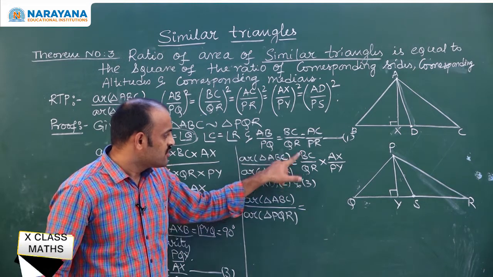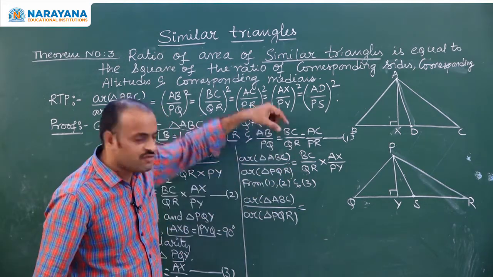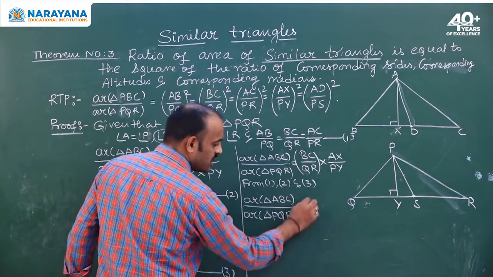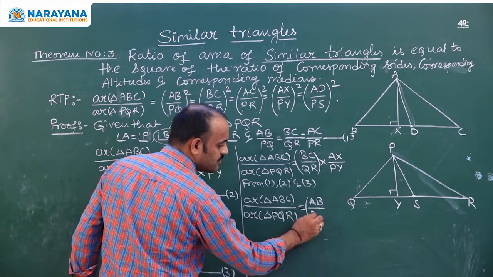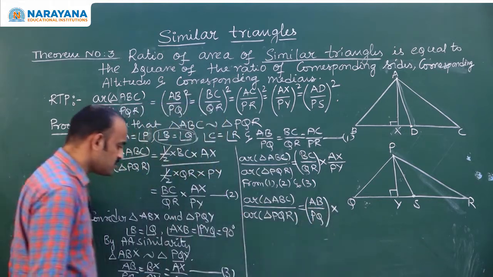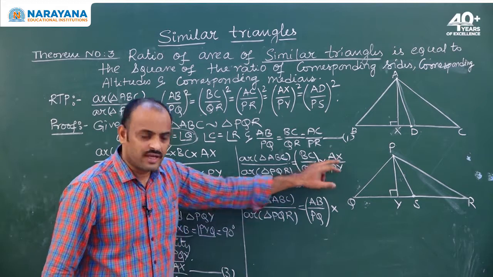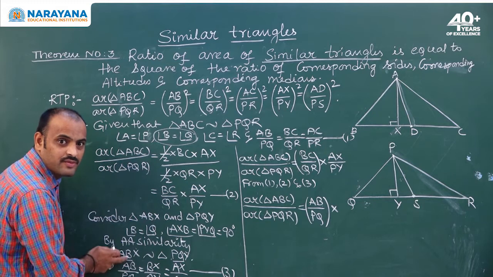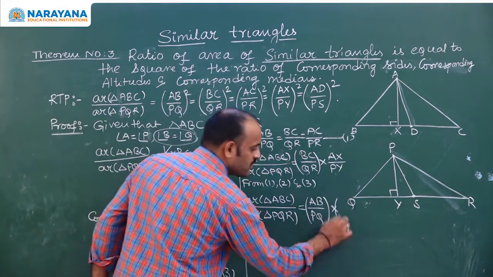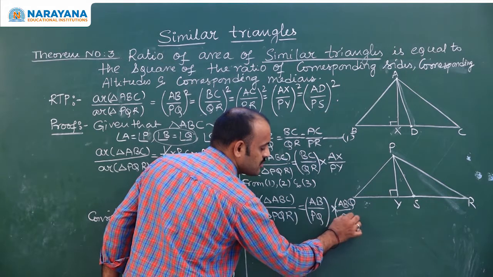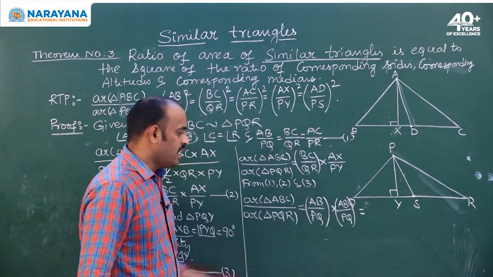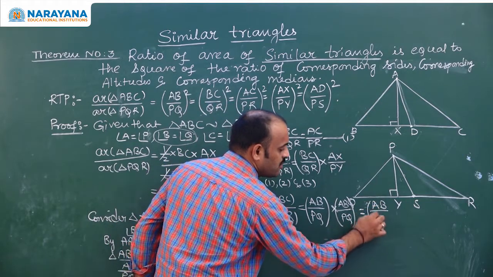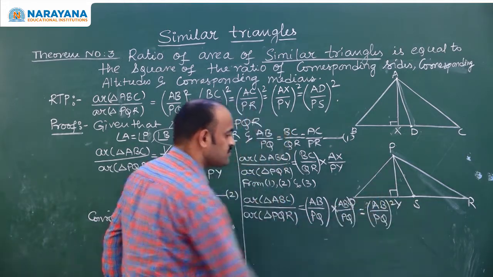Instead of BC by QR, from equation 1, I can write AB by PQ. Instead of AX by PY, I can write AB by PQ. So, AB by PQ into AB by PQ, AB by PQ whole square.